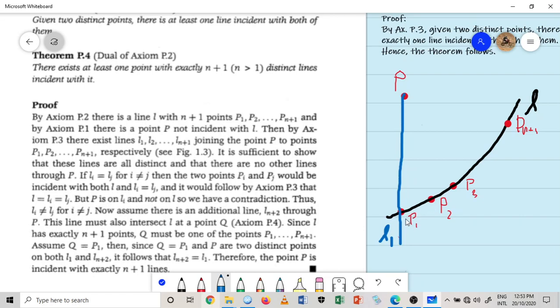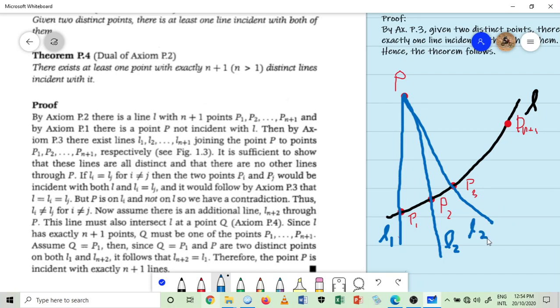Also, since P sub 1 is different from P sub 2, and P sub 2 and P are again different from one another, there should be a line passing through P and P sub 2. Okay, let's call this L sub 2. In the same manner, there should be a line connecting or passing through P and P sub 3.